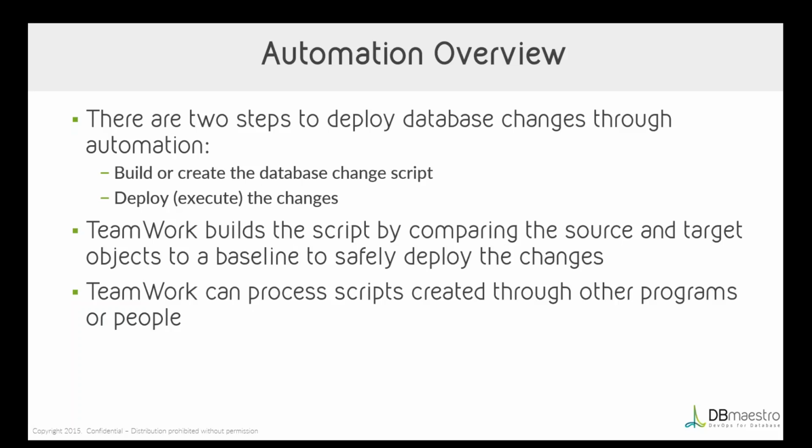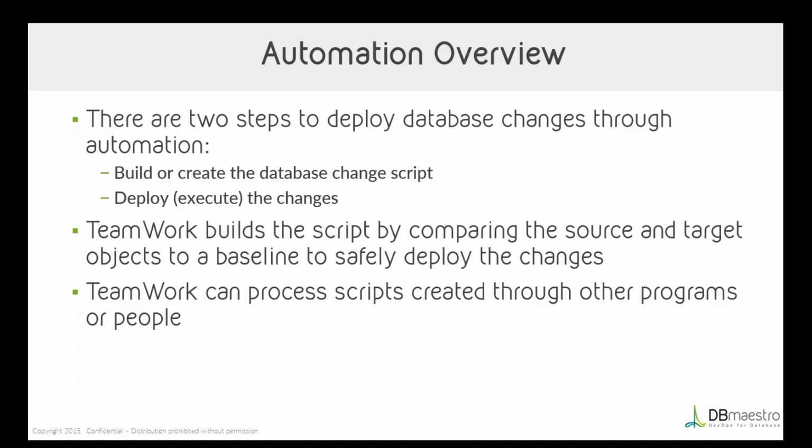So there are two steps. The first is building the script, and the second is actually deploying or executing those changes. For Teamwork, it builds the script by comparing your source database with your target database, the objects, and comparing them to the baseline to make sure that it's safe to deploy those changes. Typically you have a lot of changes in the source, and usually you don't have changes in the target.